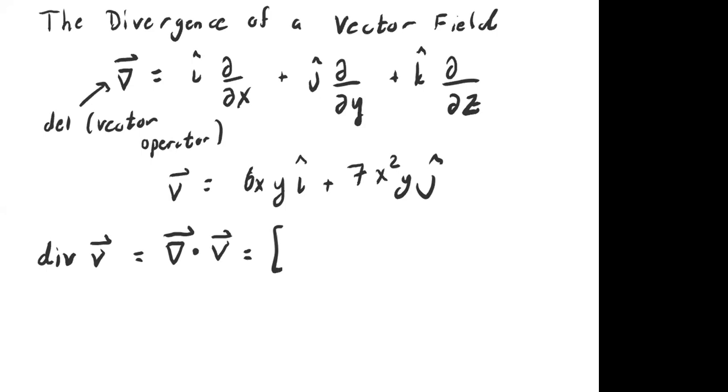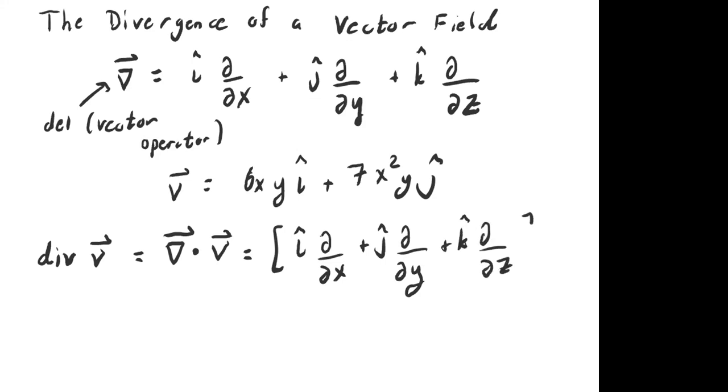which is, I could write this whole thing out. Here's del, my vector operator. So this thing in square brackets is a vector, and I'm going to dot that into the vector V, which is 6xy i hat plus 7x squared y j hat.